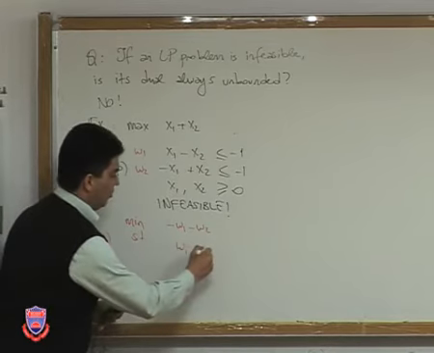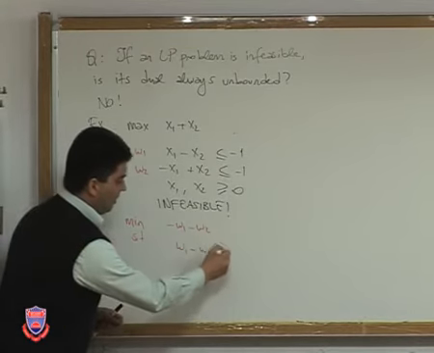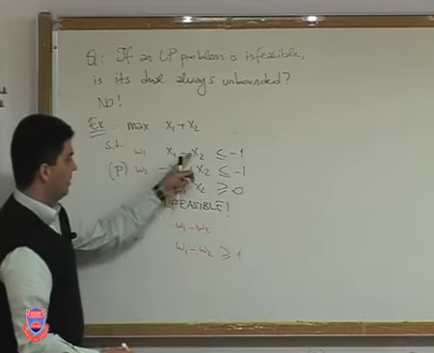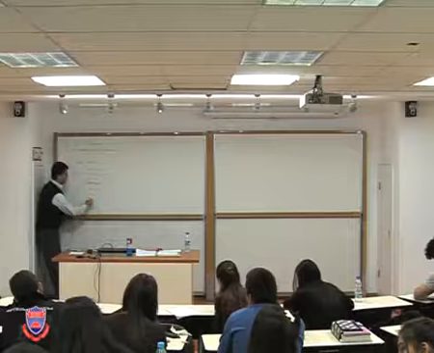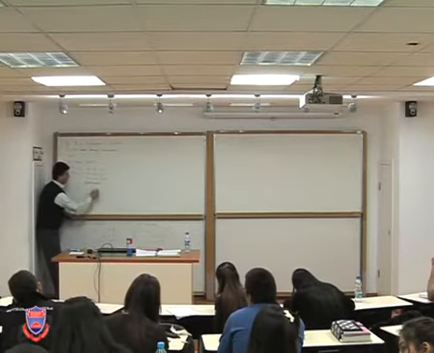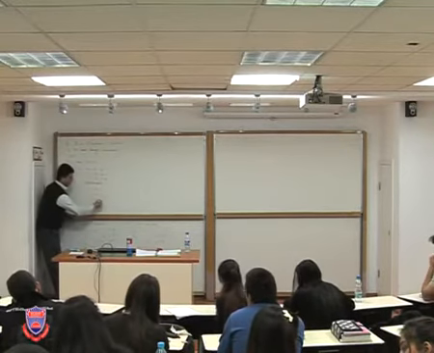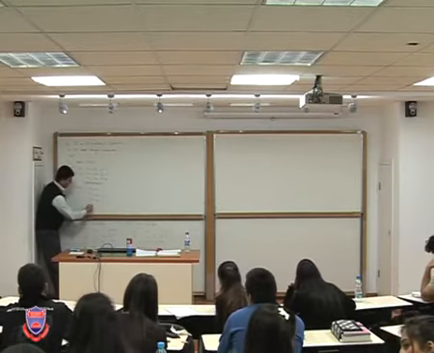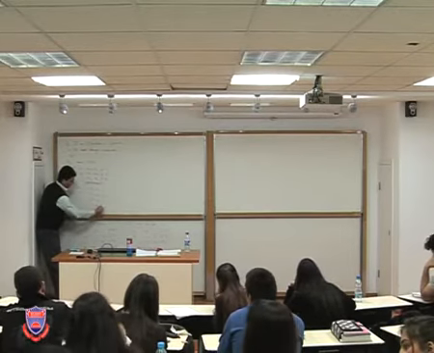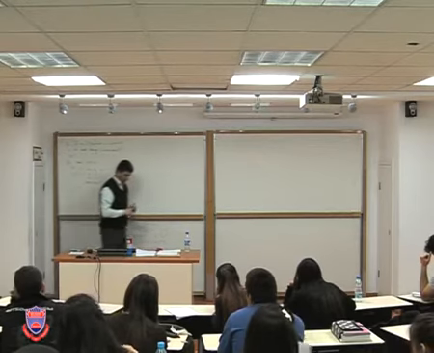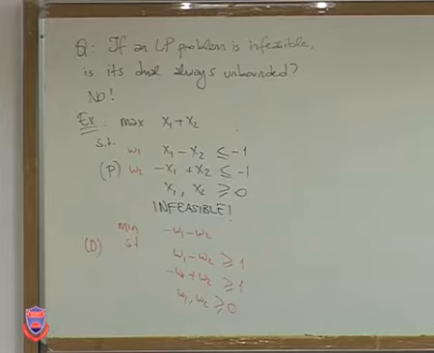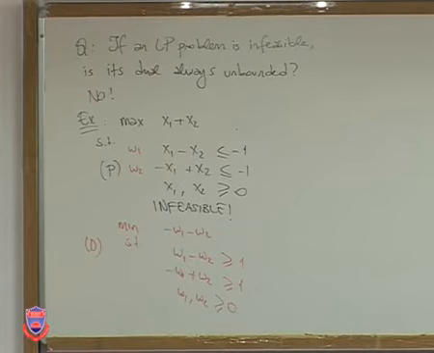So we have less than or equal to constraints in the primal, so we have greater than or equal to 1. And if I look at the second column, I have minus w1 plus w2, which is greater than or equal to 1. And w1 and w2 are non-negative. So this is my dual problem.